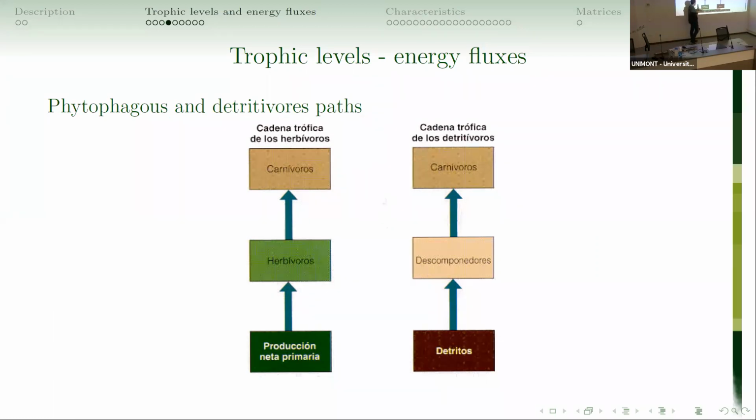So this is in Spanish, sorry. So net primary production, herbivores and carnivores. This is what we just saw with the fox. Okay, but there's another path that the energy flows. That's from the detritus, decomposers, and then carnivores of these decomposers that may be insects or whatever.